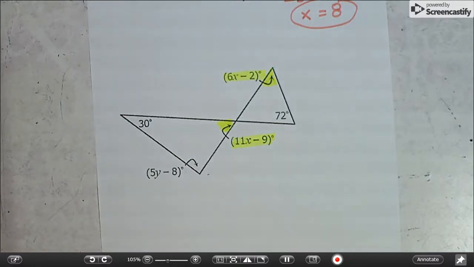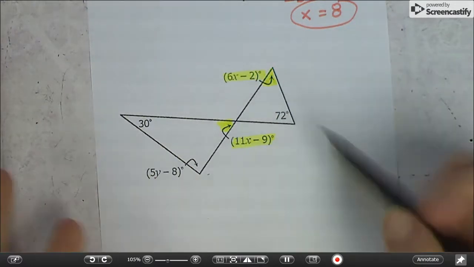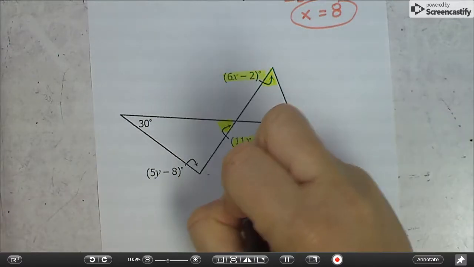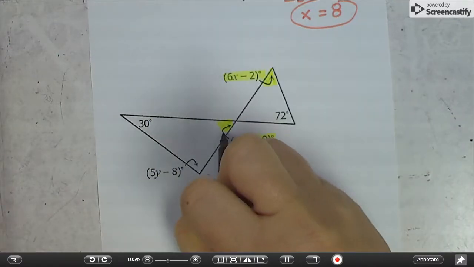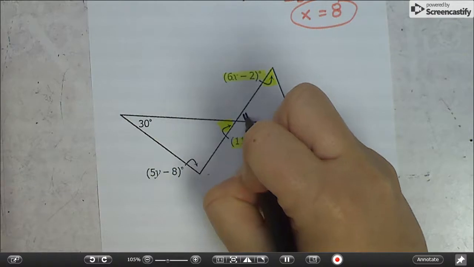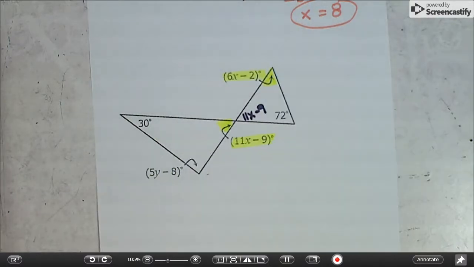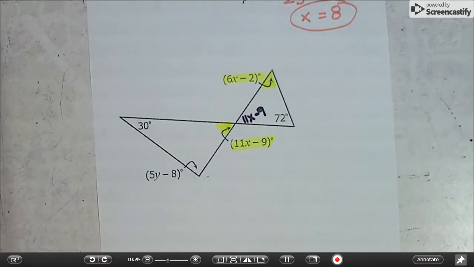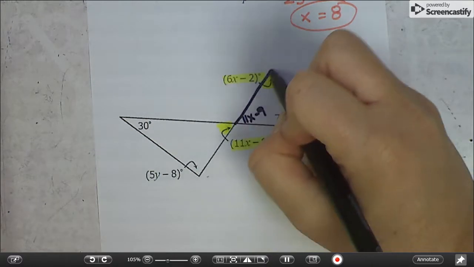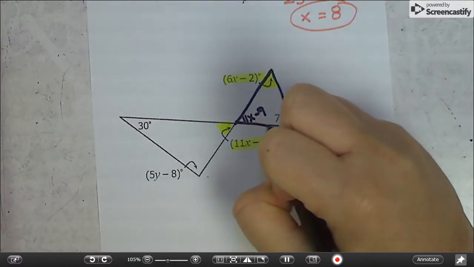You need to go through your brain: do I have any linear pairs I can use? Do I have any vertical angles I can use? Do I have any parallel lines? There are no parallel lines, but there is a vertical angle right here. If this is 11x minus 9, then doesn't that have to be 11x minus 9? And then you need to focus on this triangle to solve for x.